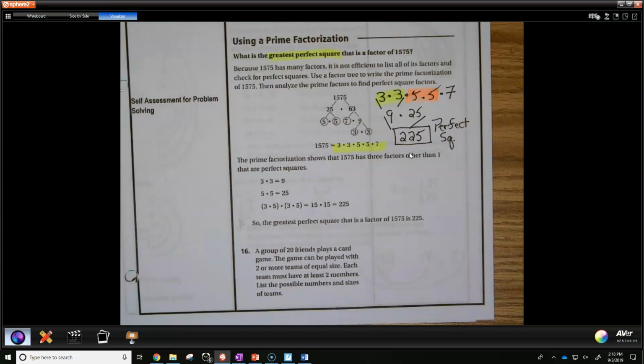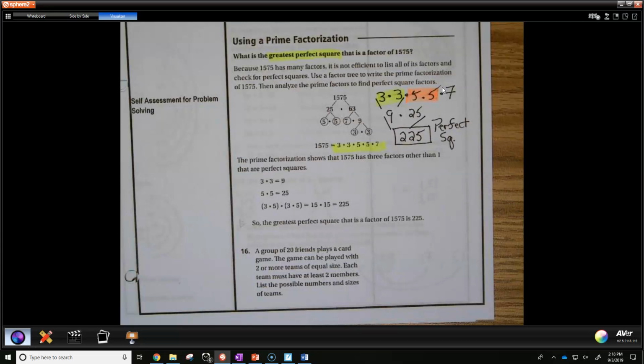Is a number repeated more than once? So is there 2 of them? When there is, I had 2 3s. I had 2 5s. I multiply it all together. I could just write 3 times 3 times 5 times 5. And the number you get is your perfect square. 225 is a perfect square because it is 15 times 15.